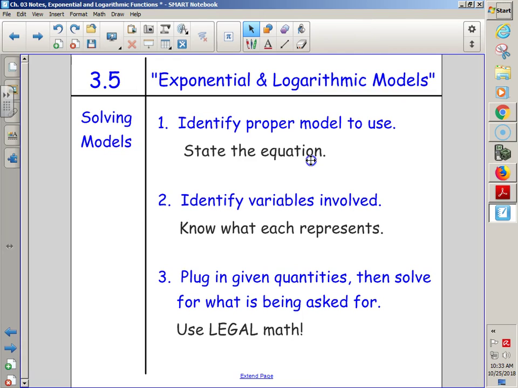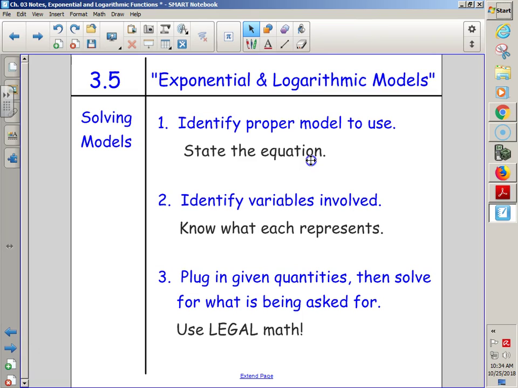I'm just going to unveil it all. In 3.5, in all of section 3.5, you're going to be given a lot of different scenarios where you have to identify what equation to use.